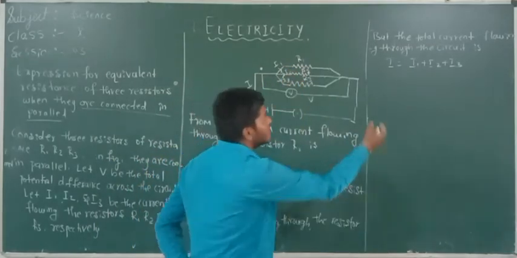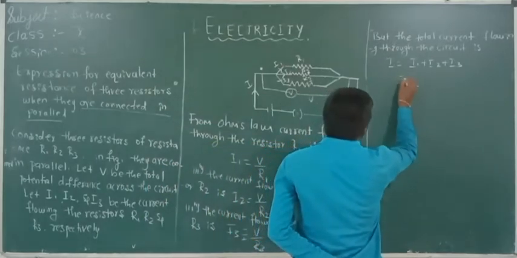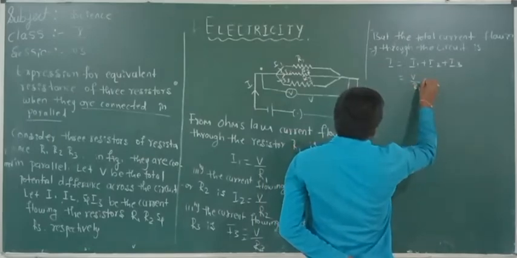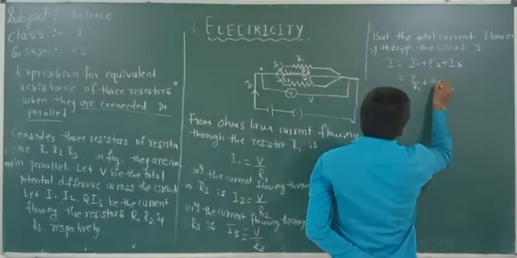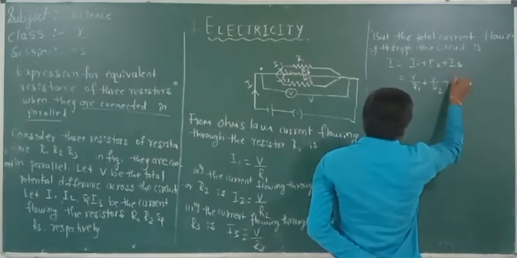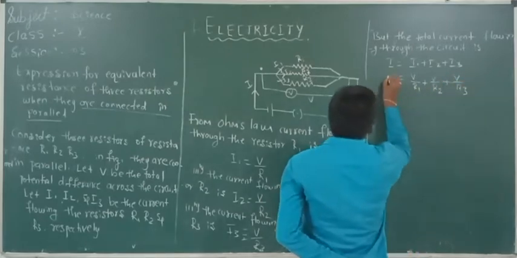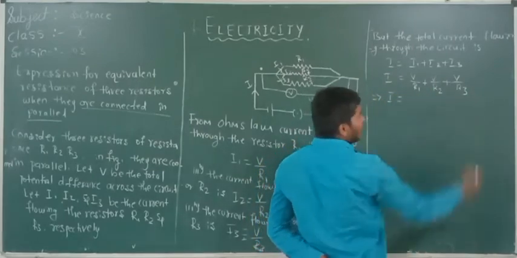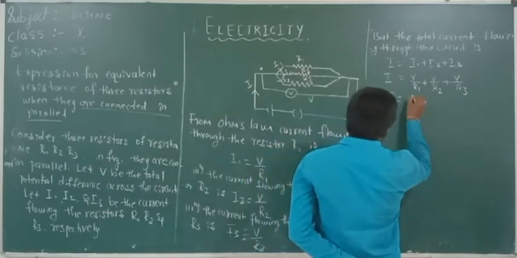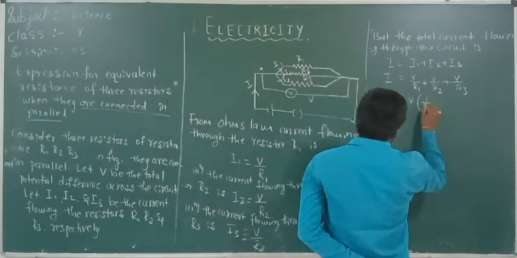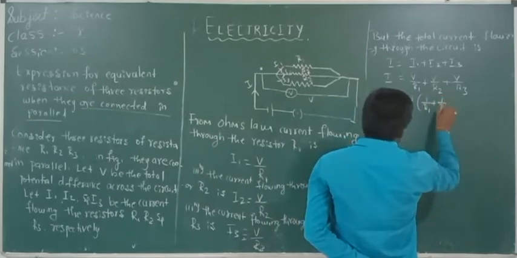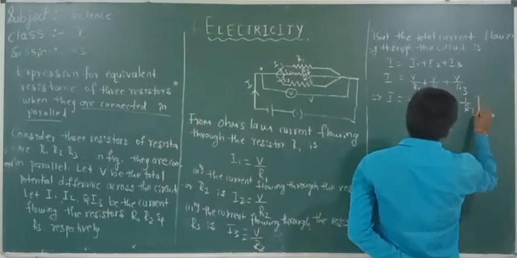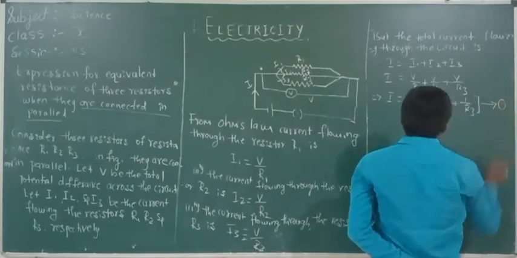Substitute the values of I1, I2 and I3 here. That is I is equal to V divided by R1 plus V divided by R2 plus V divided by R3. V is the common factor here, take it outside: I is equal to V into 1 divided by R1 plus 1 divided by R2 plus 1 divided by R3. Take it as equation number 1.